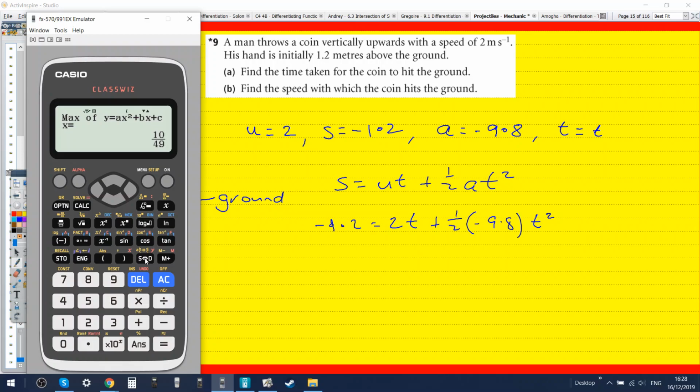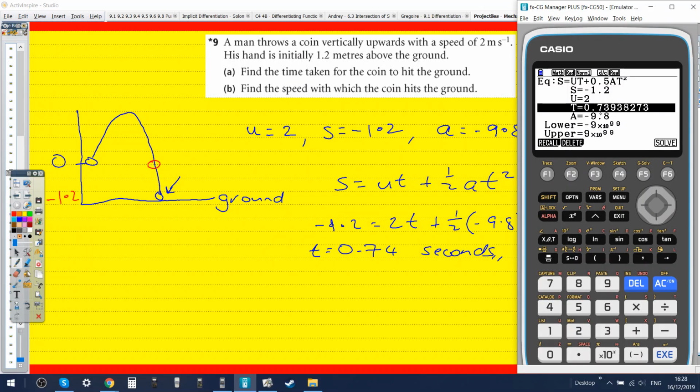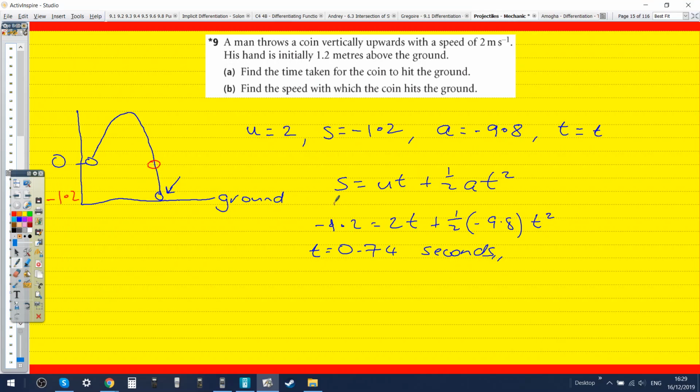I've got 0.74 and the other negative, which I got on the solver. 0.74 seconds. Yes, because you won't have negative time. My one happens to get 0.739. It's just to do with the initial value that you start with. If you start with a big positive number, I think you'll get the positive answer. If you start with a small negative number, you'll get the negative answer first.